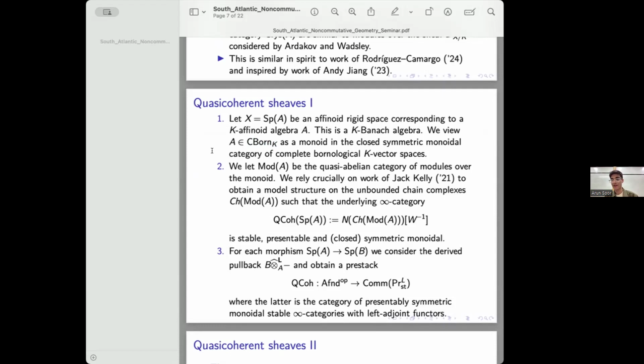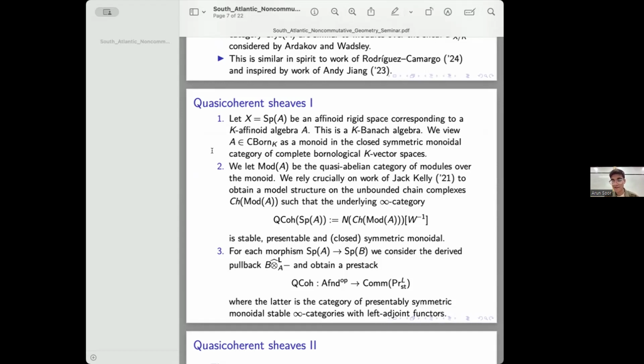Elementary, you can think of as being something similar to being Grothendieck abelian. Now when you have a model category, you can consider the infinity category, which you obtain by firstly taking the nerve of the one category and then inverting the weak equivalences. This procedure is called passing to the underlying infinity category of your model category.